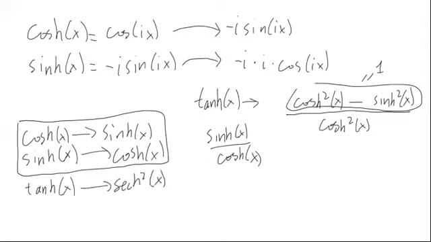Now, cotanh, let's think about that. How would things change for cotanh? Well, for one, there would be a sinh squared down here because sinh would be in the denominator. And then in the numerator, we have cosh over sinh, so take the derivative of cosh, which is sinh, times sinh.